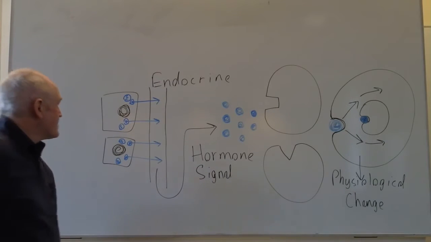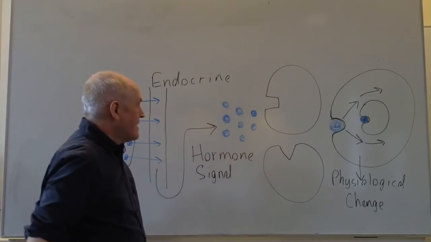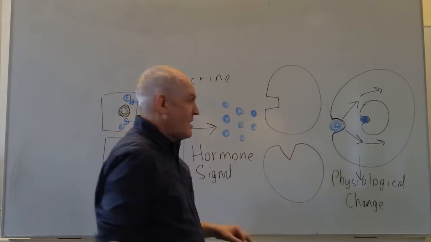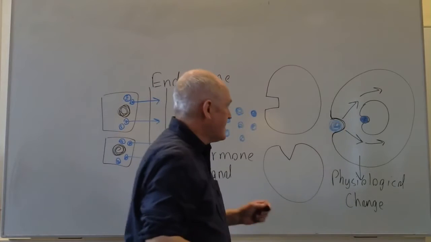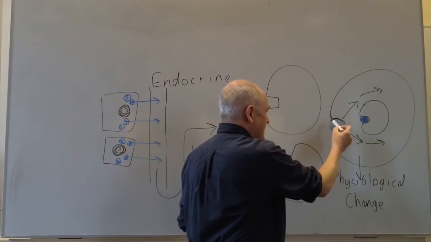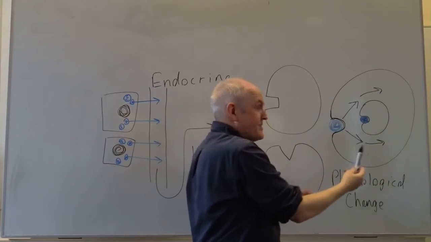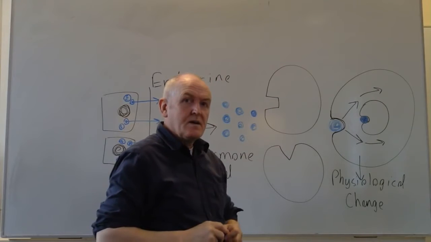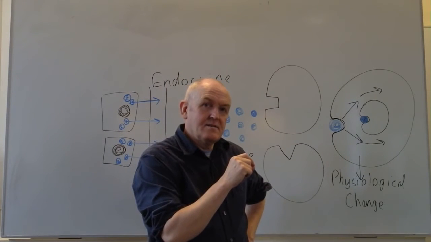Yep. So the endocrine hormone circulates in the blood. It ignores the receptors it doesn't fit into. When it does fit into the receptor that it fits into, it is the combination between the hormone and the receptor that triggers off the other changes inside the cell. So the hormone on its own can't trigger changes inside the cell.